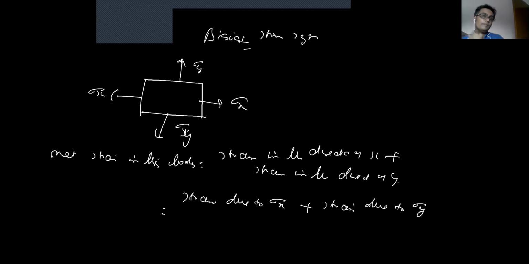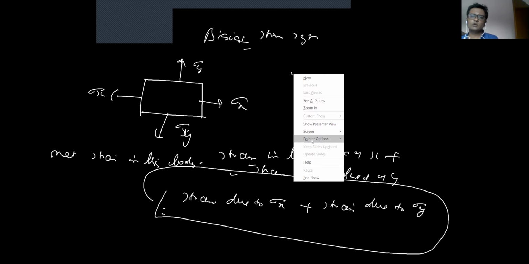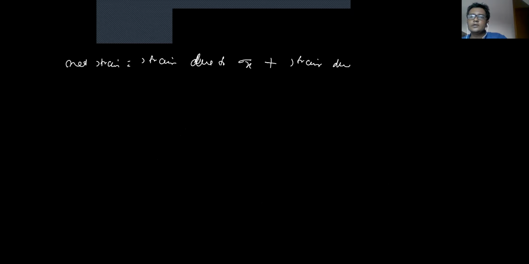Done. Now I would like to take the second part. It will be the same, but I will explain it by the second part. So I have told you that the net strain will be strain due to sigma x plus strain due to sigma y. Now the strain due to sigma x will be what?